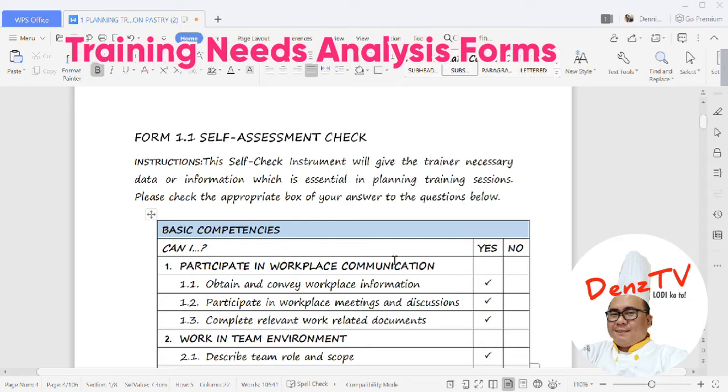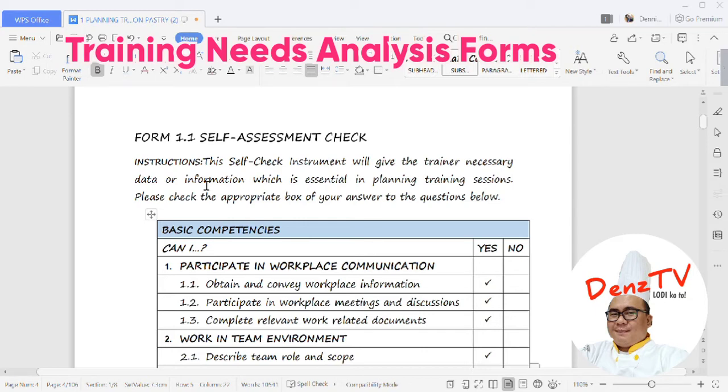All of these forms should be given to all your learners to determine current competencies.